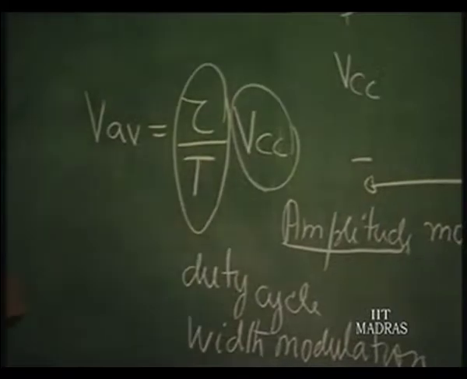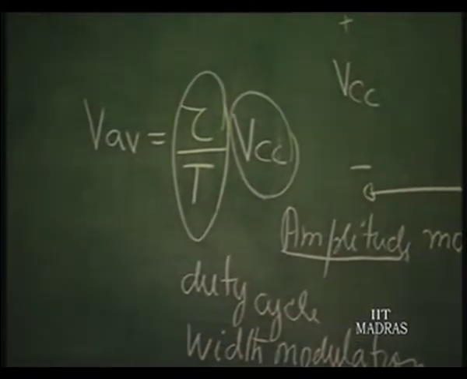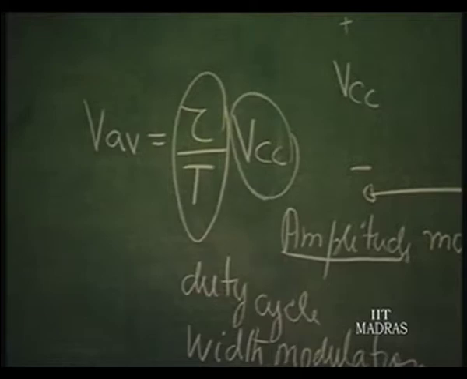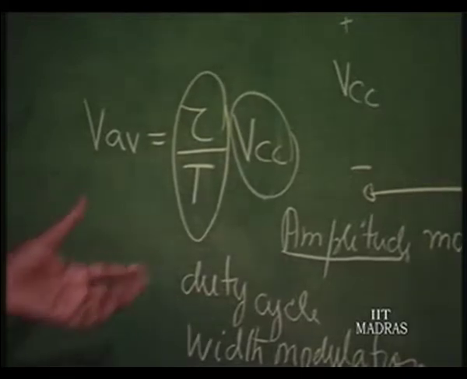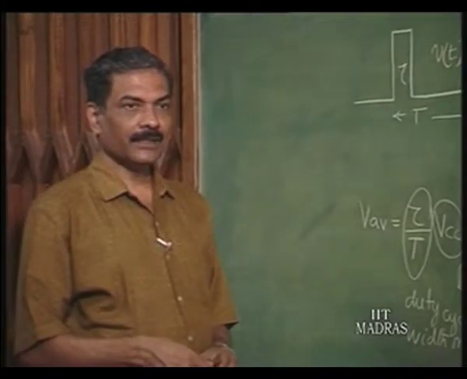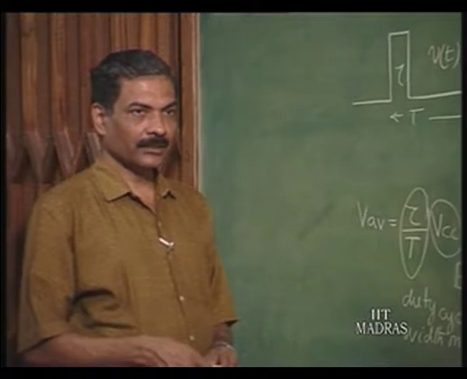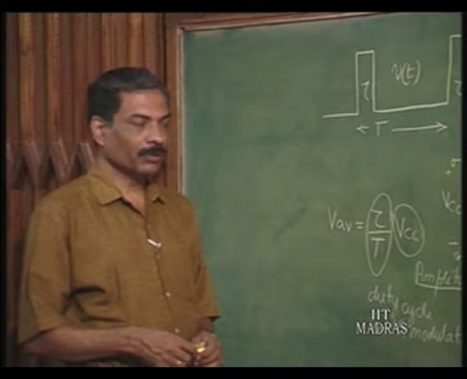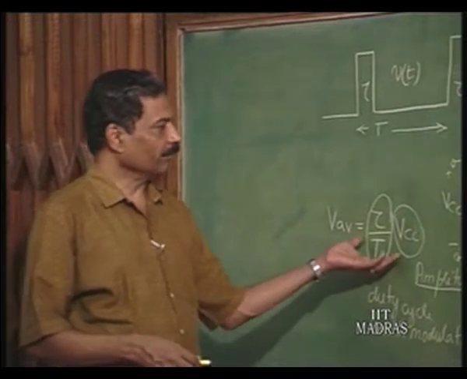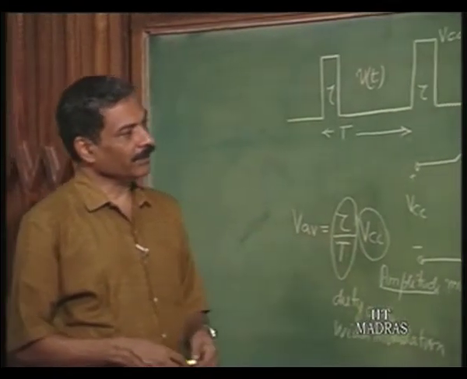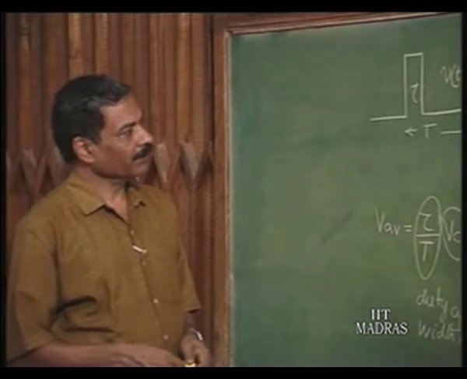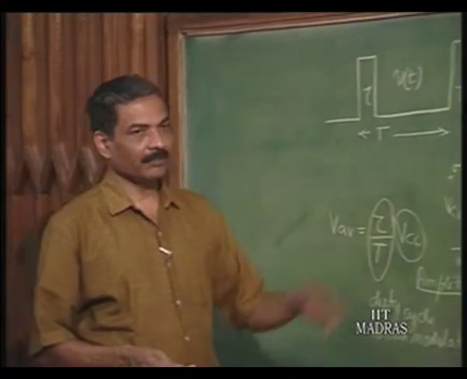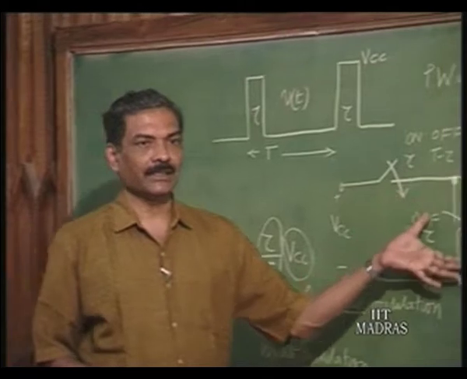This can be very usefully used in a variety of applications for power amplification, for also efficient converters, and consequently switched mode power supplies, SMPS. So, this idea is very important, has gained prominence, particularly because the switching can be done at fairly high frequencies.